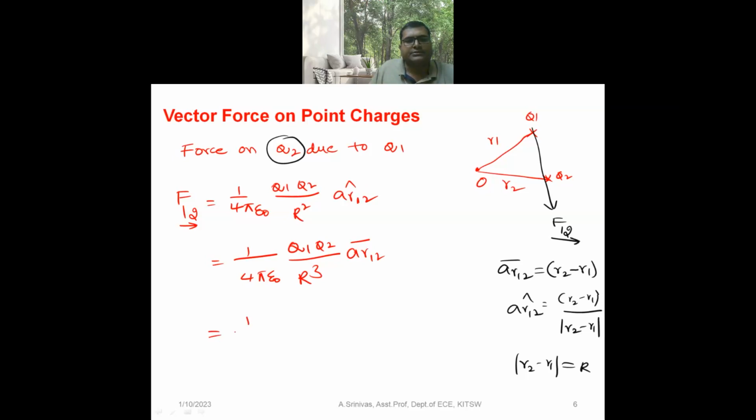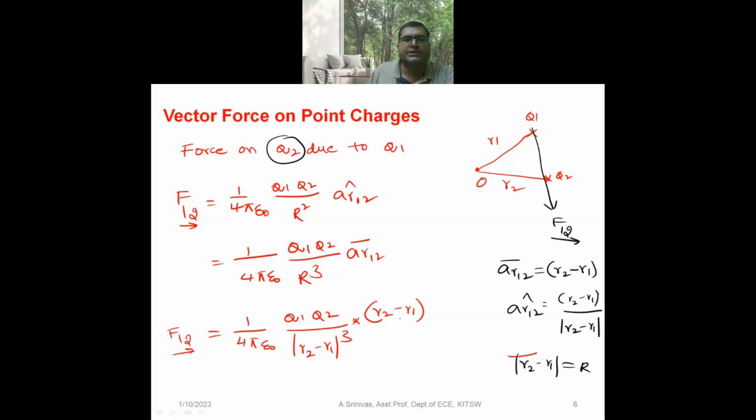Now in terms of position vectors, the force on Q2 due to Q1 can be written as 1 by 4 pi epsilon naught Q1 Q2 by R cubed, where R is the modulus value of R2 minus R1, multiplied by the vector R2 minus R1.